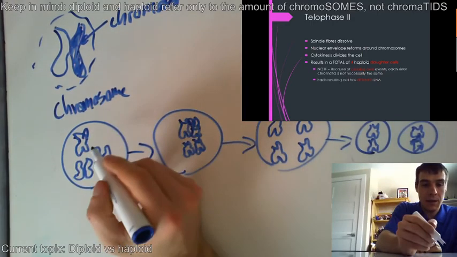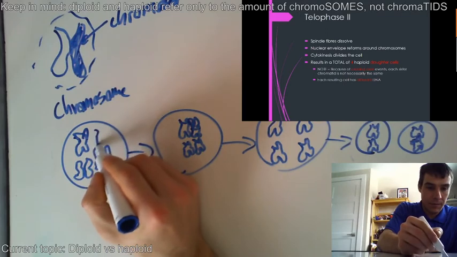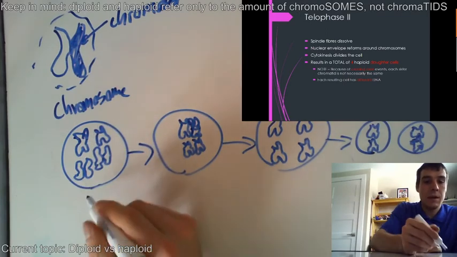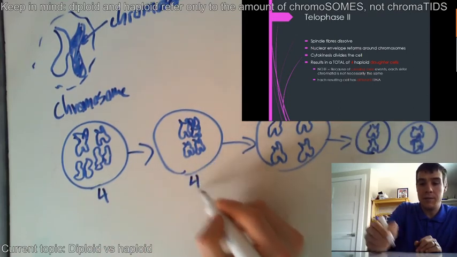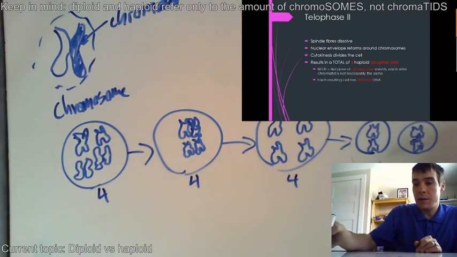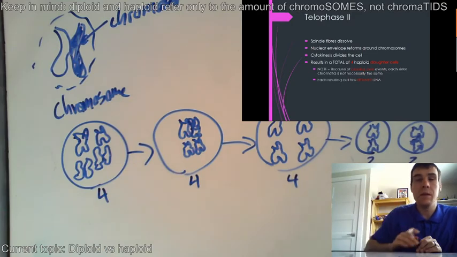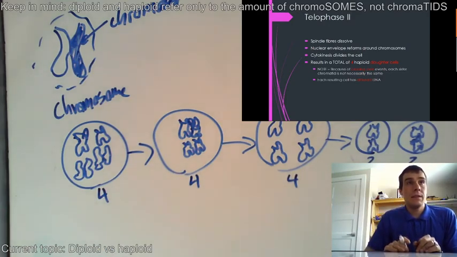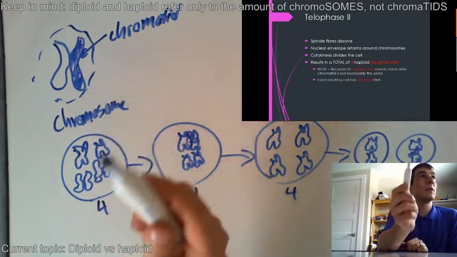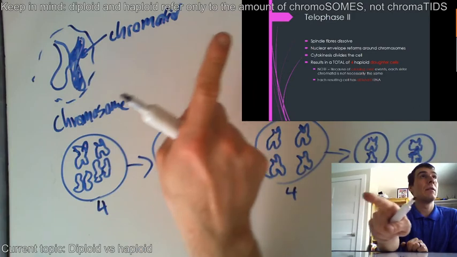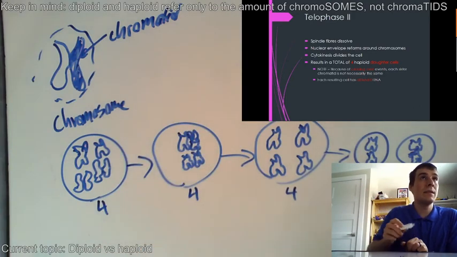So if the normal number, if this number is 4, right, this is 4, this is 4, this becomes 2. That's the chromosome, and that's the chromatid up here, right? So there's 4 chromosomes. If we look up here, only the amount of chromosomes, not chromatids.